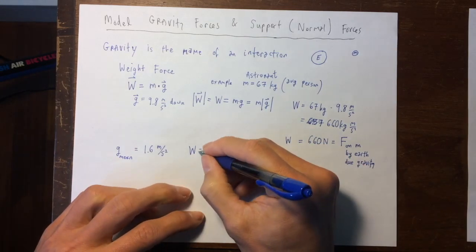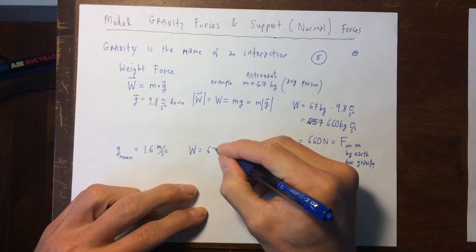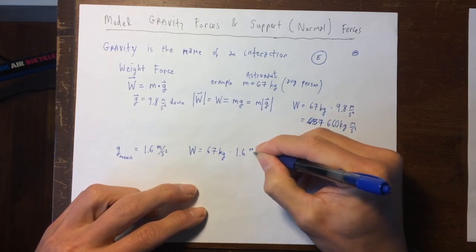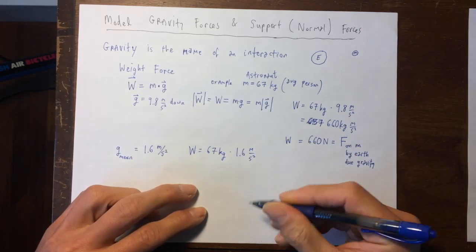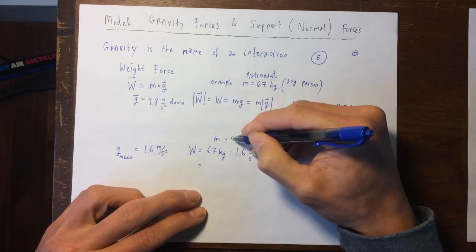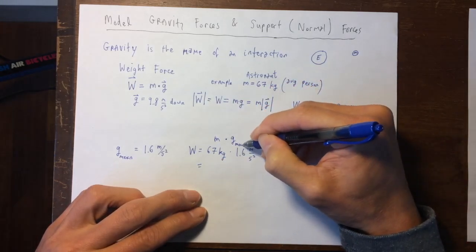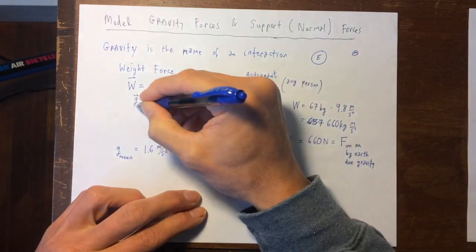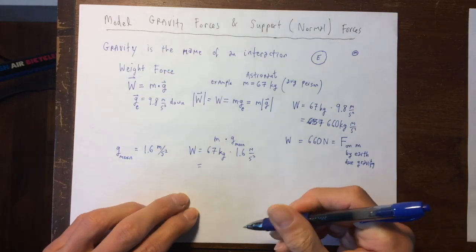But anyways, you'll see. So take 67 kilograms multiplying 1.6 meters per second squared. So this is how we'll calculate. It's m times the acceleration due to gravity on the moon instead. This is the acceleration due to gravity on the Earth, like that.